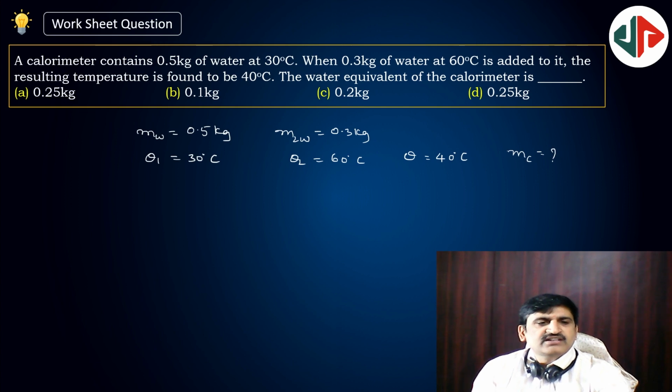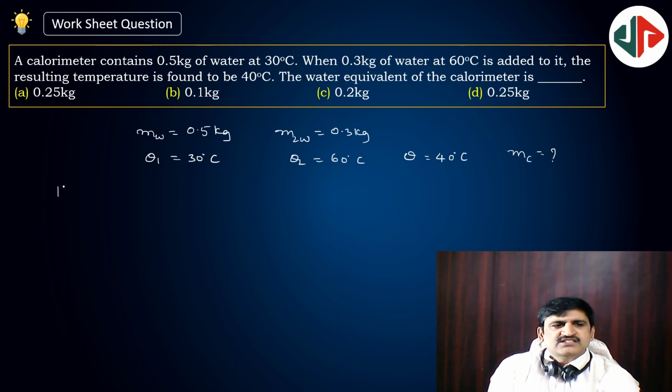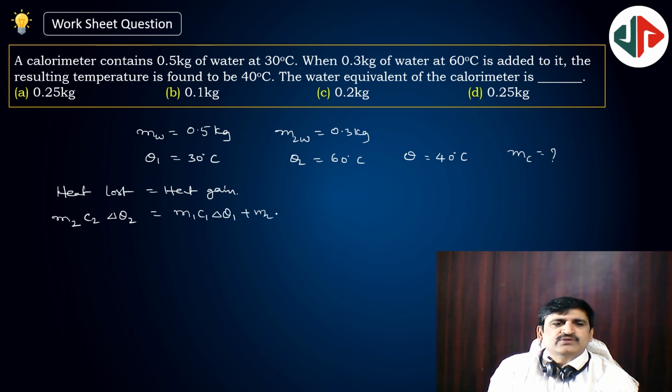So we have the method of mixtures: heat lost is equal to heat gained. Heat lost is M2 C2 delta theta 2, and heat gained is M1 C1 delta theta 1 plus the calorimeter's M C delta theta. M2 is 300 gram, and for water the C value is known, so MC becomes the water equivalent.